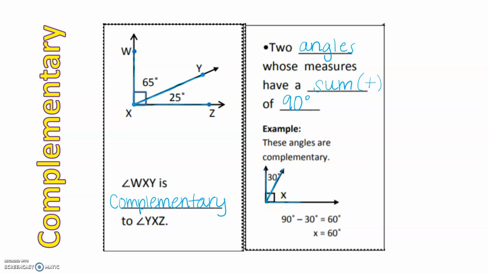So if we subtract 30 from 90, whatever's left over is this angle measurement, and that should be 60. A way to remember what complementary angles are, think about when you compliment somebody or give someone a compliment, it's the right thing to do. So complementary adds up to 90 degrees, which is a right angle. We can add a note here, right angle.